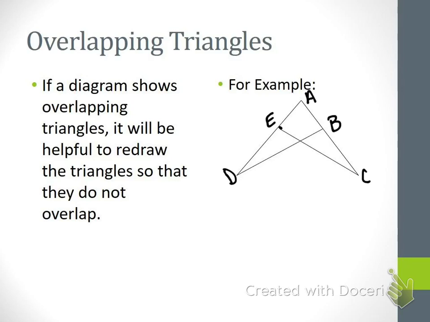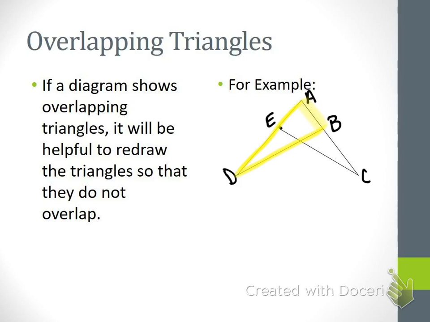So one thing I like to do when I'm trying to do this is to just trace over them. So one of the triangles I can see is kind of on the top left part of it. What three letters do I need to have to name that triangle? A, B, and D. Good.